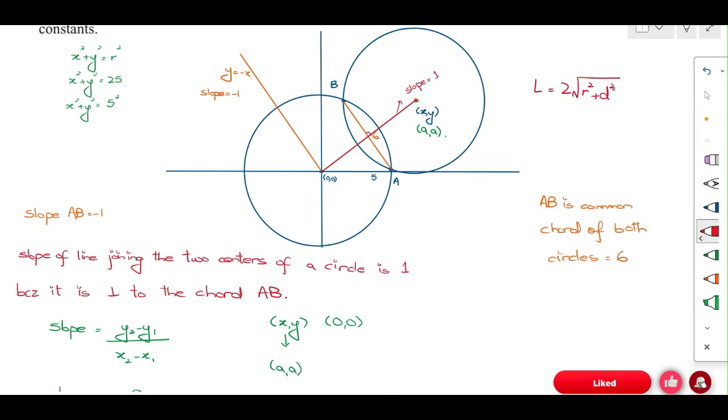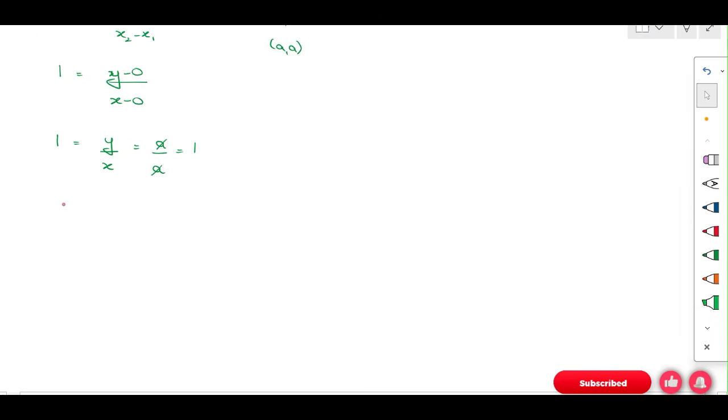This is the chord length formula. L is the length of the chord of a circle, R is the radius of this circle, as we know that both circles have the same radius, and d is the perpendicular distance from the chord. This distance you can measure from the center to the chord.